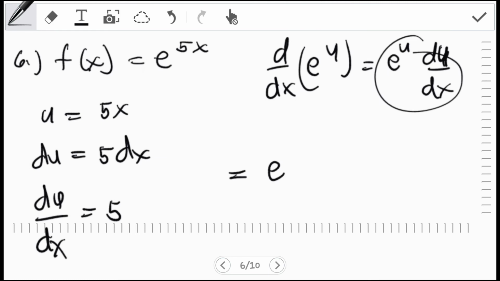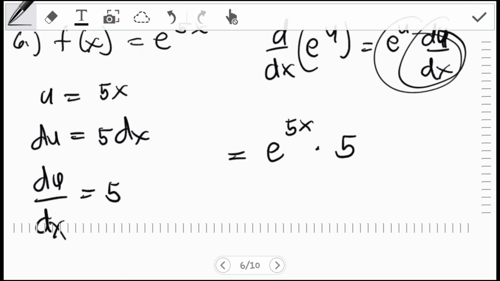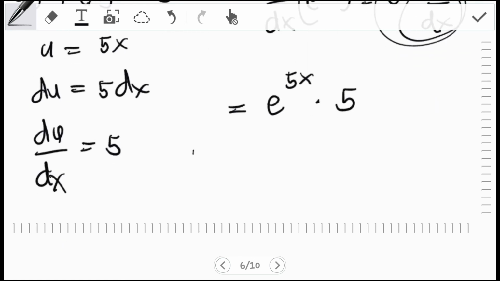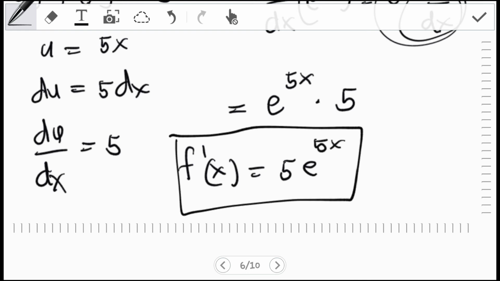Then the result is the first derivative of f of x is equivalent to 5 e to the power 5x. So that is the final answer.